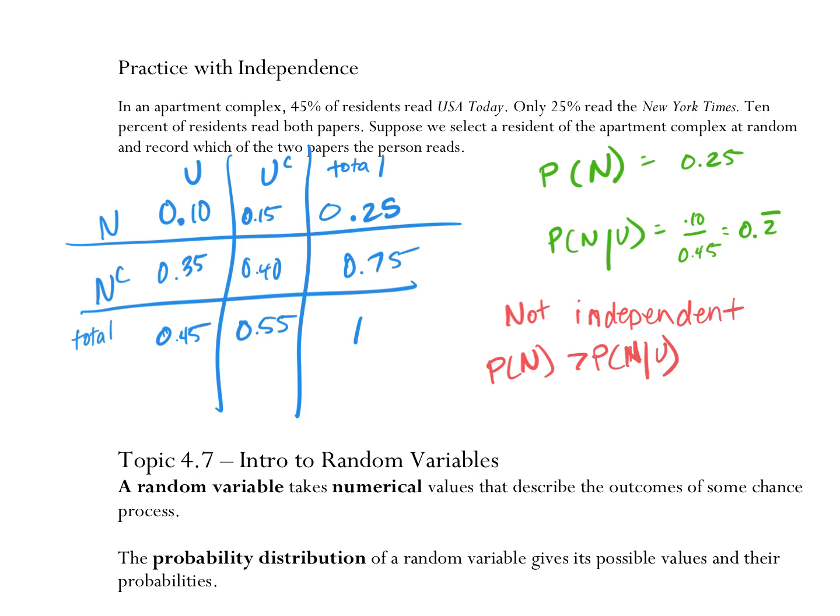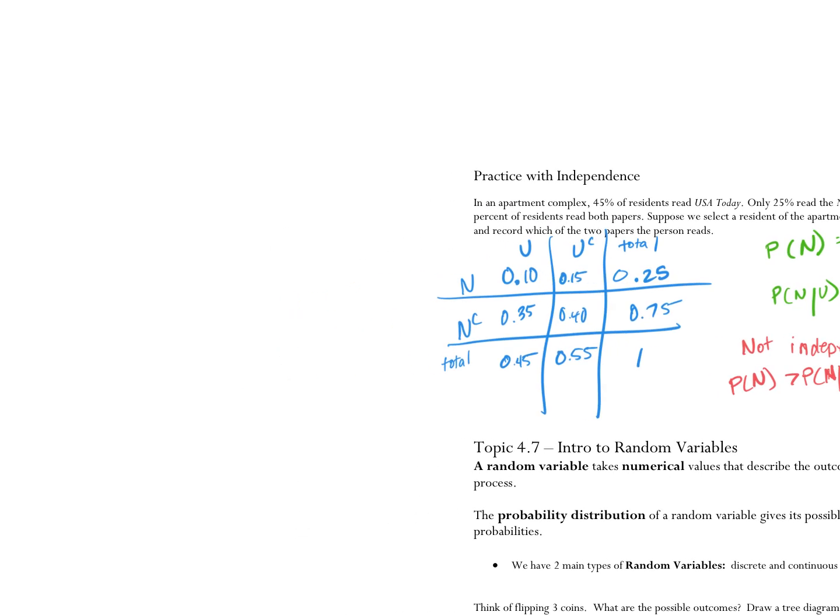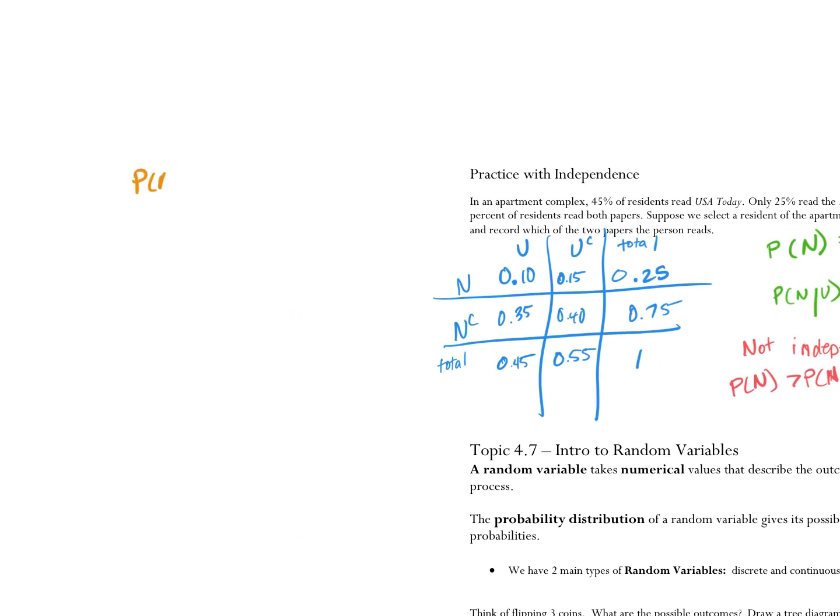Okay. I do want to talk about one more thing. Kind of make a connection for you guys here. Do you guys remember talking about the probability of A and B is equal to the probability of A times the probability of B given A has occurred? Is everybody good? Okay.